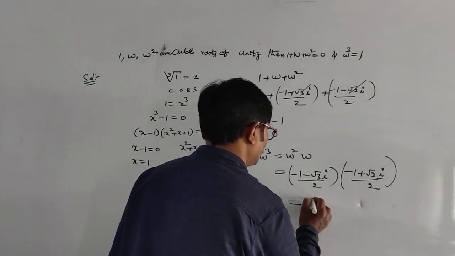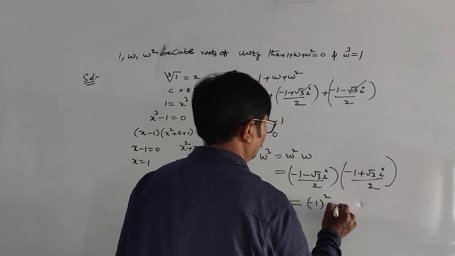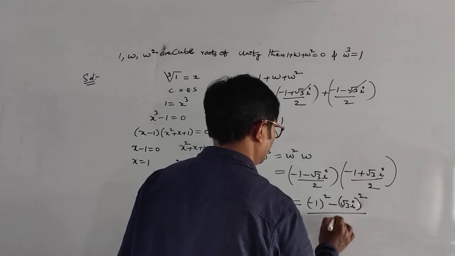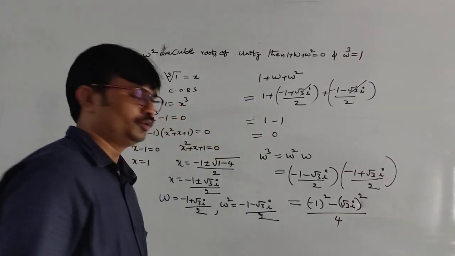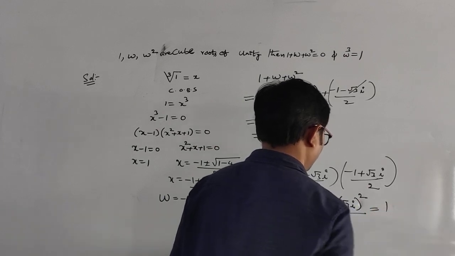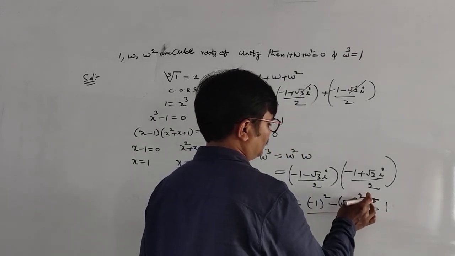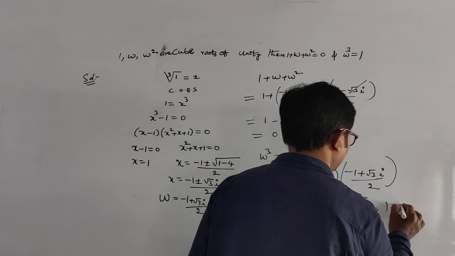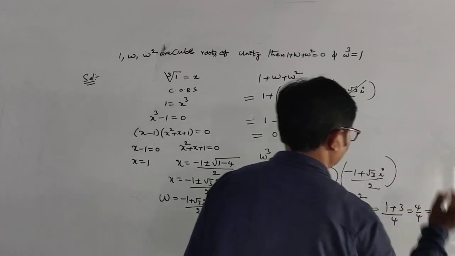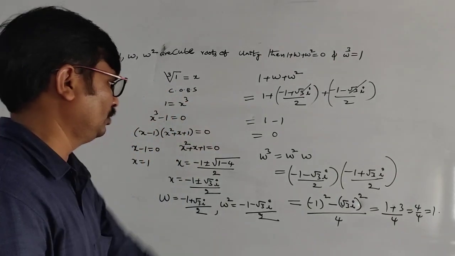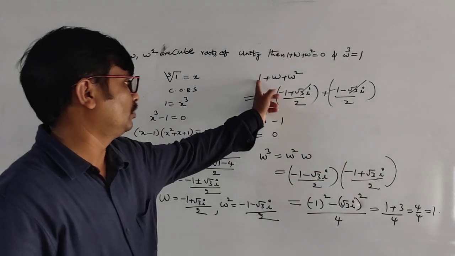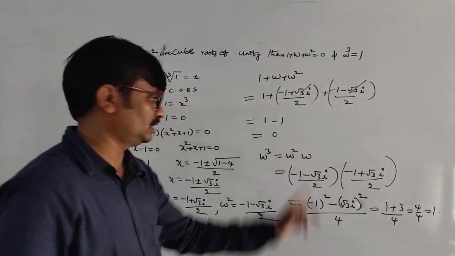That is minus 1 whole square minus root 3i whole square, by 2 into 2 is 4. After that, i square is minus 1, so minus minus plus, 4 by 4 is 1. Omega cube is also 1. 1 plus omega plus omega square is 0.